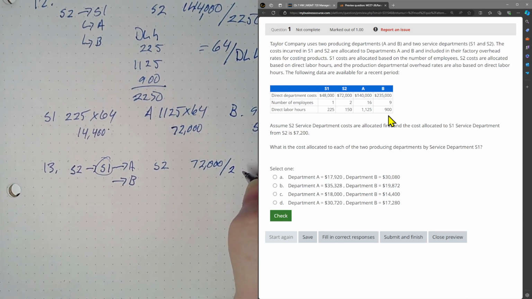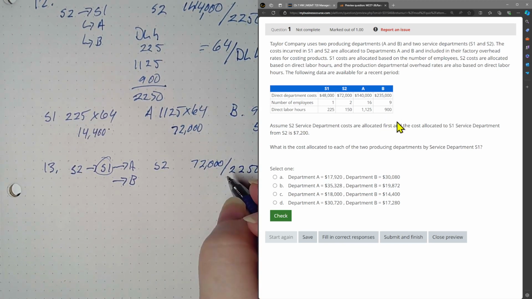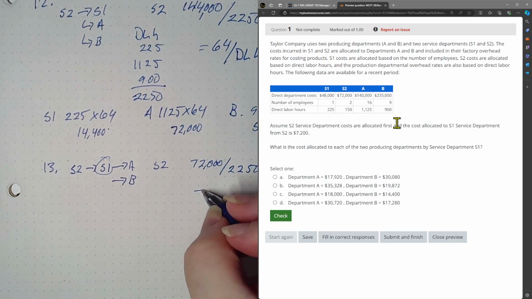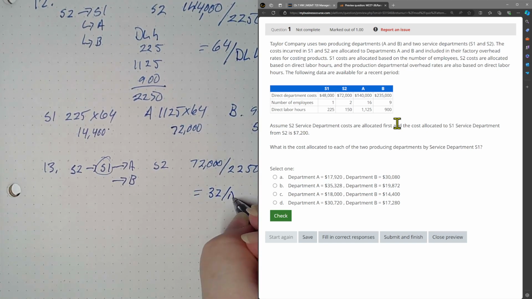So the randomization is only so random. 2250. So 72,000 divided by 2250 equals, oh, it is exactly half, 32 per direct labor hour.